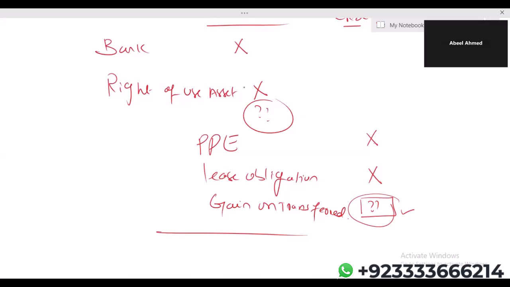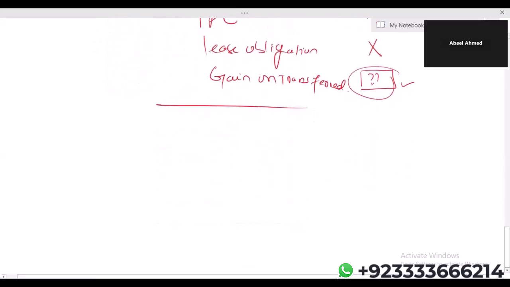Now, one more possibility. If transfer does not qualify as sale, then number one, lessee will not de-recognize the asset. Second point, whatever consideration lessee has received, it will be treated as a financial liability.